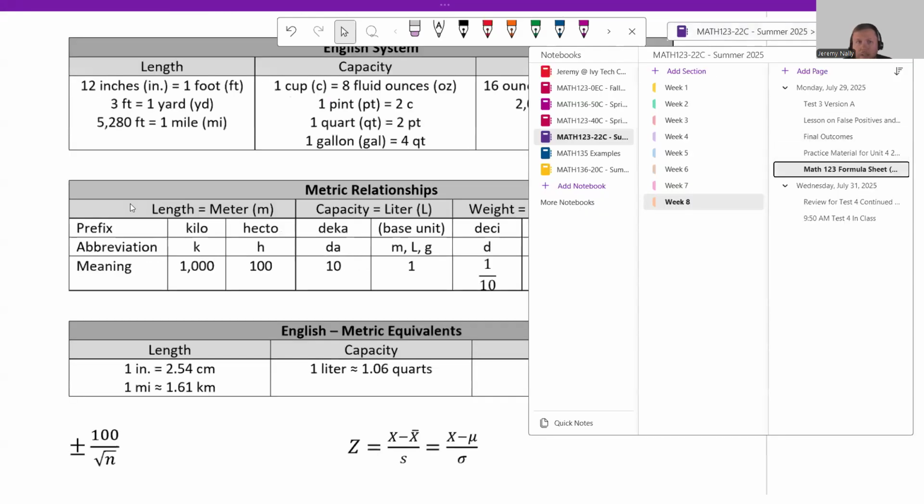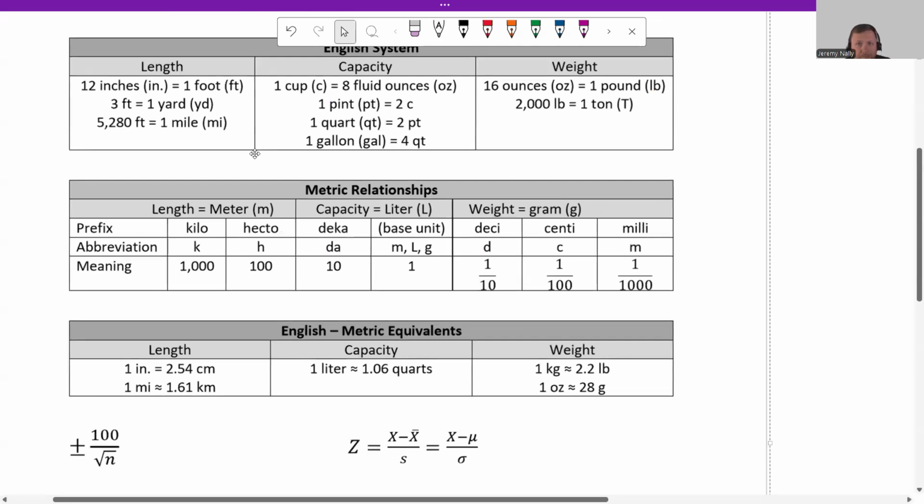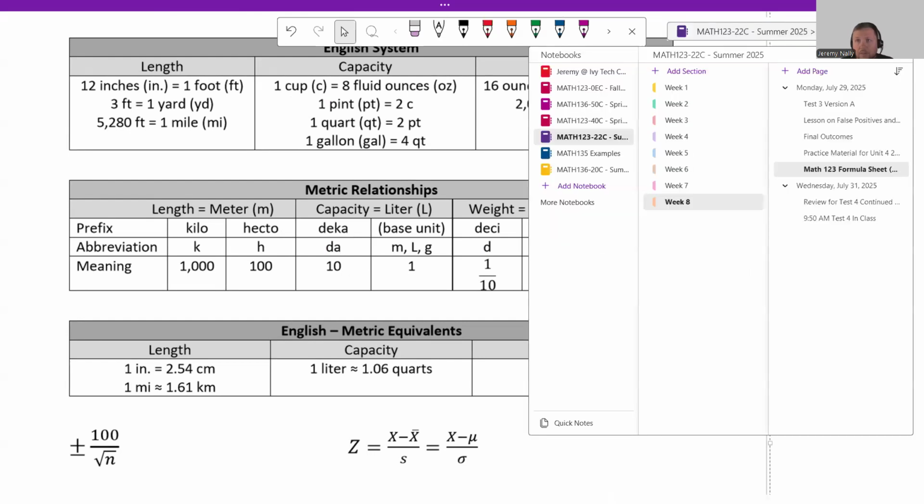So we'll want to take a look at the formula sheet, and we want to look at the English metric equivalents. So we have 1 liter is approximately 1.06 quarts is our connection.